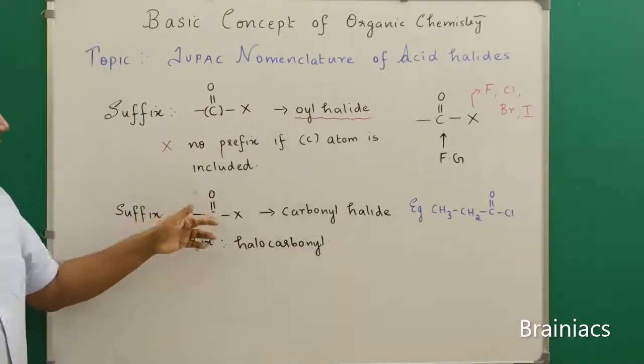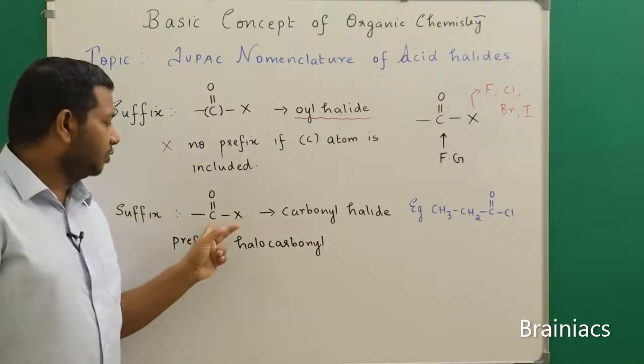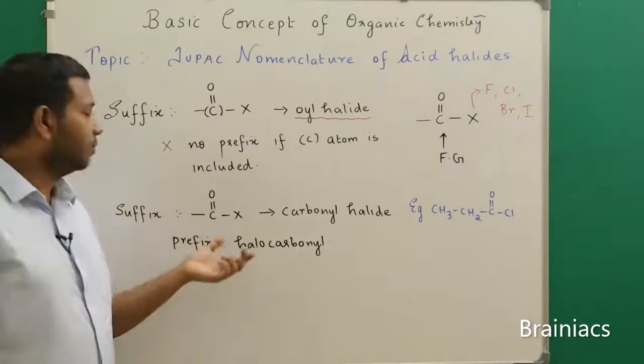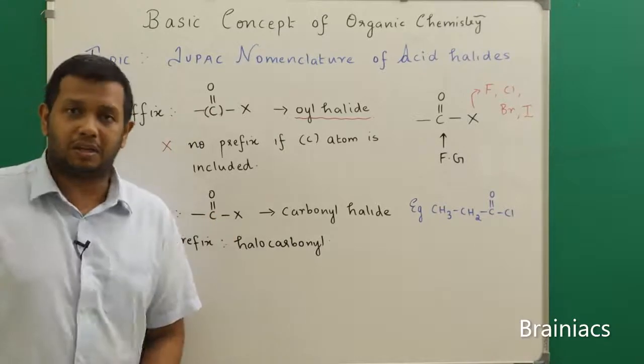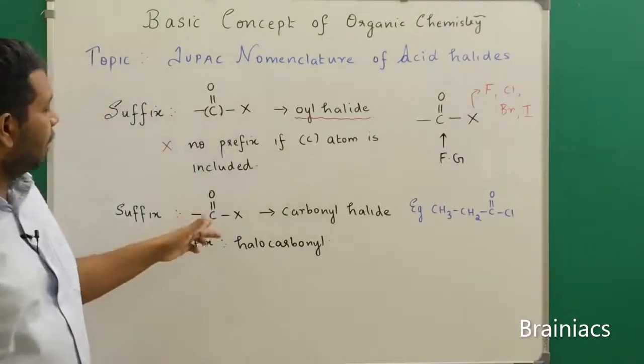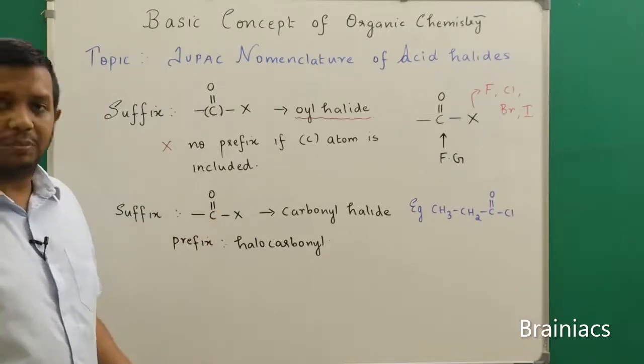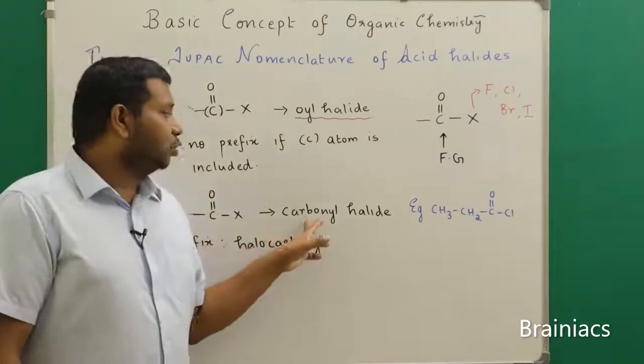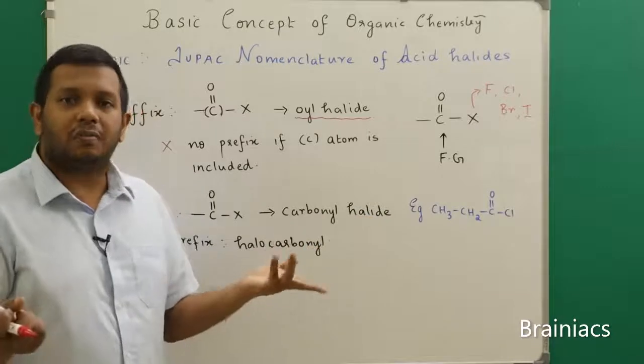Suppose COX, in this case you can see this carbon atom is not included in the parent chain. How do you know that? Because no brackets are kept here; brackets mean that carbon is included. So if the carbon atom is not included in the parent chain, what should be the suffix? It should be carbonyl halide, because the carbon atom is not included.